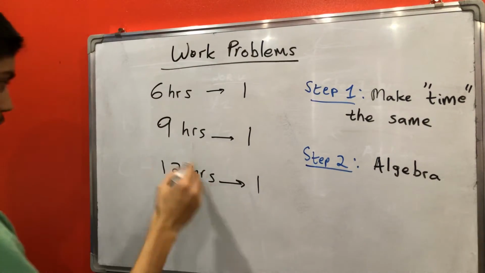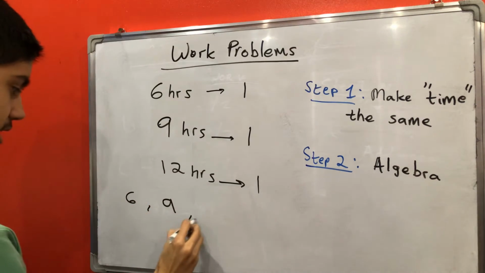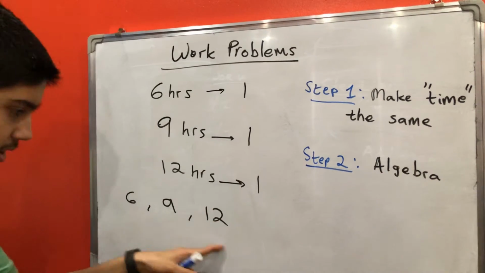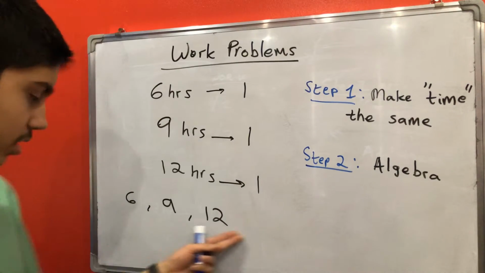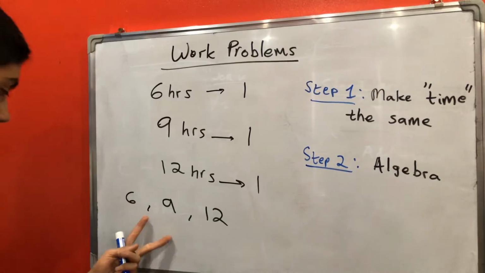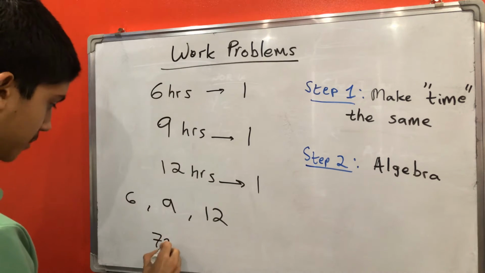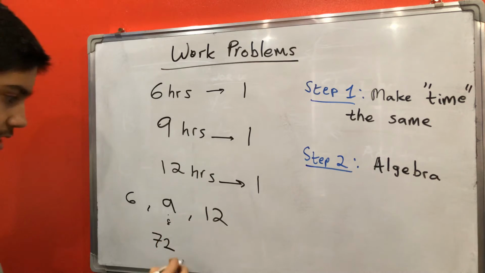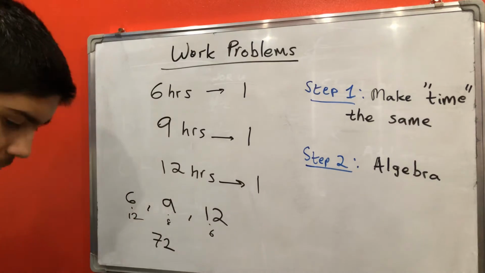For 6, 9, 12, what number is a multiple of all of these? You can really just multiply them out, or we can see that 72 will work, because 9 times 8 is 72, 12 times 6 is 72, and 6 times 12 is 72.